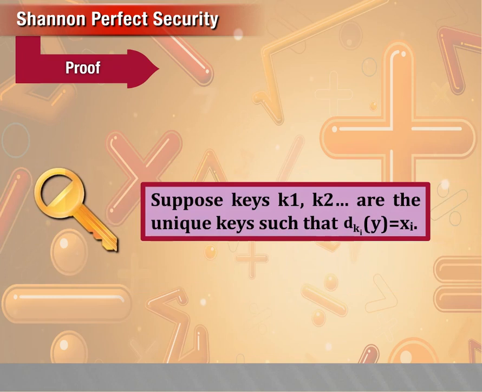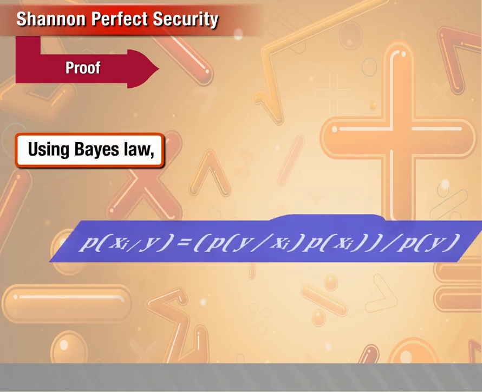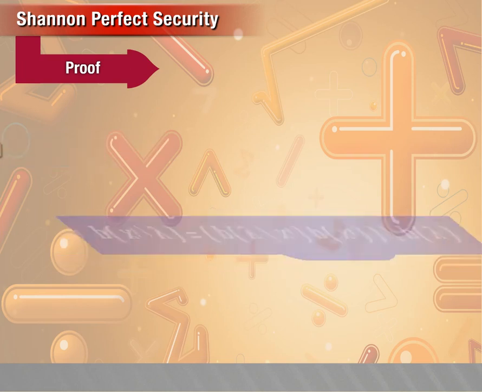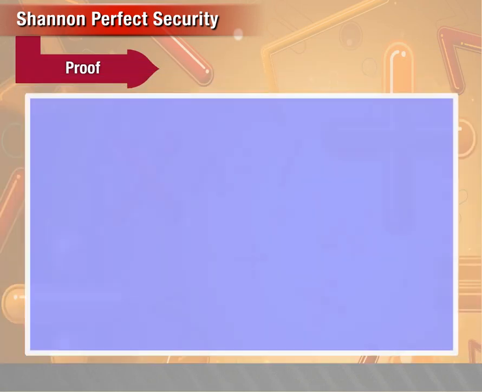Suppose keys K1, K2 and so on are the unique keys such that D ki of Y is equal to xi. Using Bayes' law, P of xi given Y is equal to P of Y given xi into P of xi, the whole divided by P of Y. Using the assumption of perfect secrecy, we have P of Y given xi is equal to P of Y. Hence, each ki must occur with the same probability.